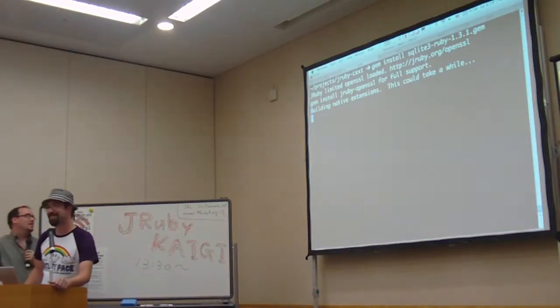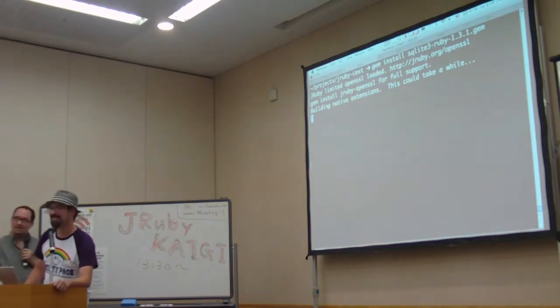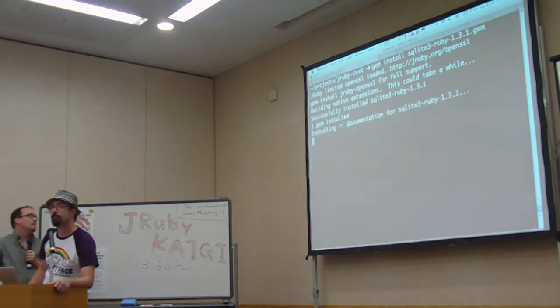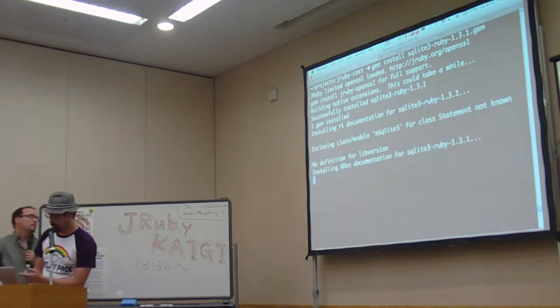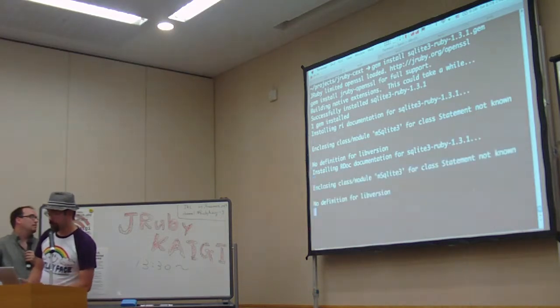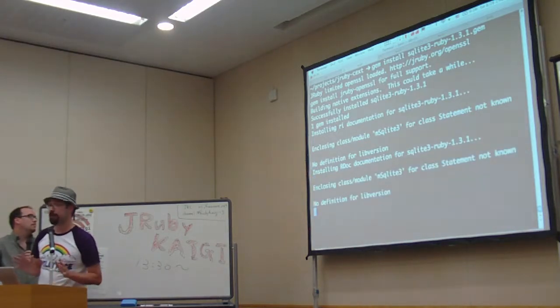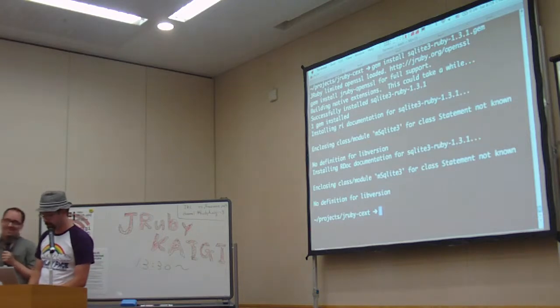Yes, Woody, while it's installing. Is your gem install command equivalent to my JRuby -S gem install? Yes, I have JRuby bin in path all the time. There you go. So the RI error is a little bit weird, but building native extensions, that's amazing. Never thought JRuby could do this.